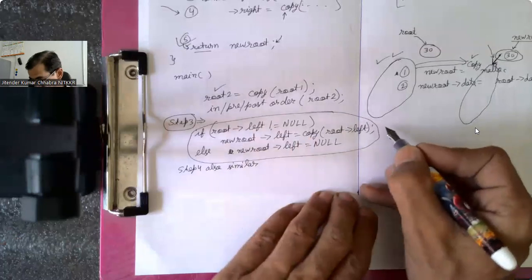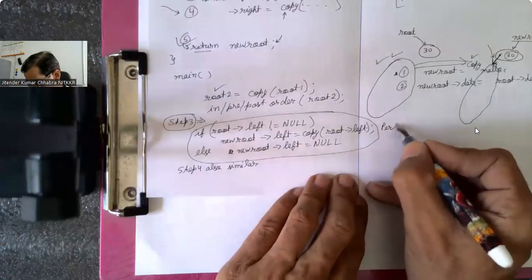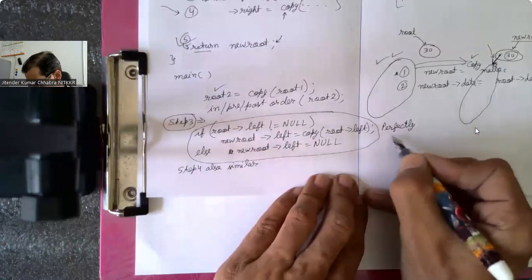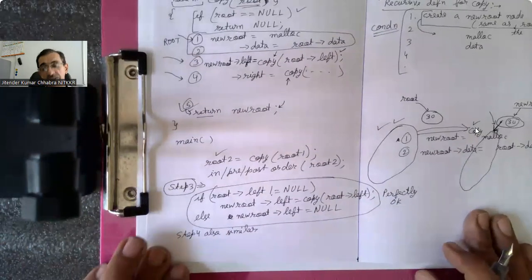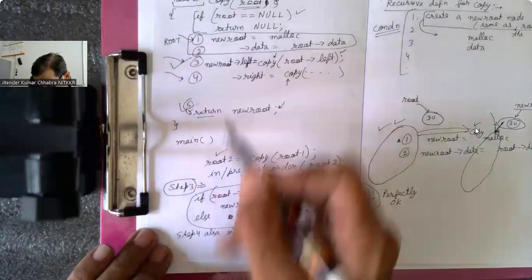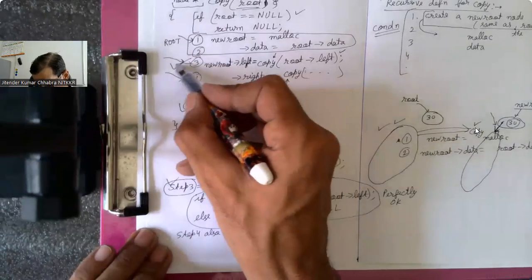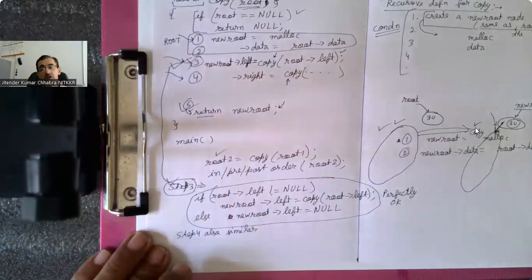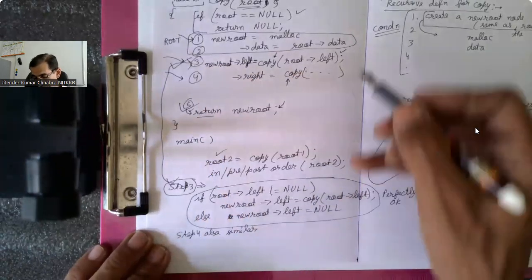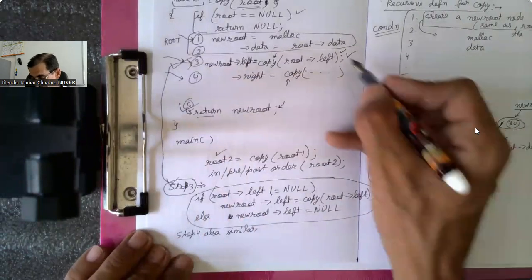This is also perfectly okay. So I say, if you see the previous step versus this step, both are identical, and there is absolutely no difference. You can write like this also, but you can also write like this.